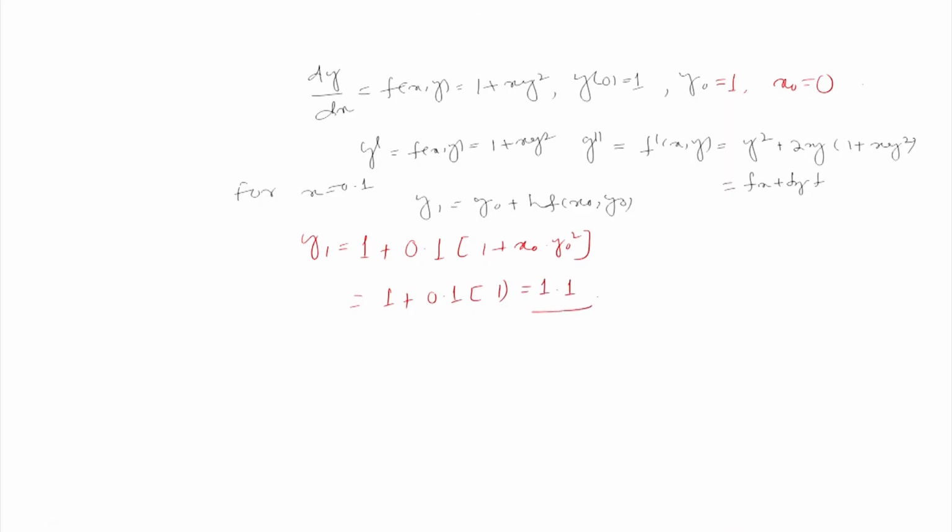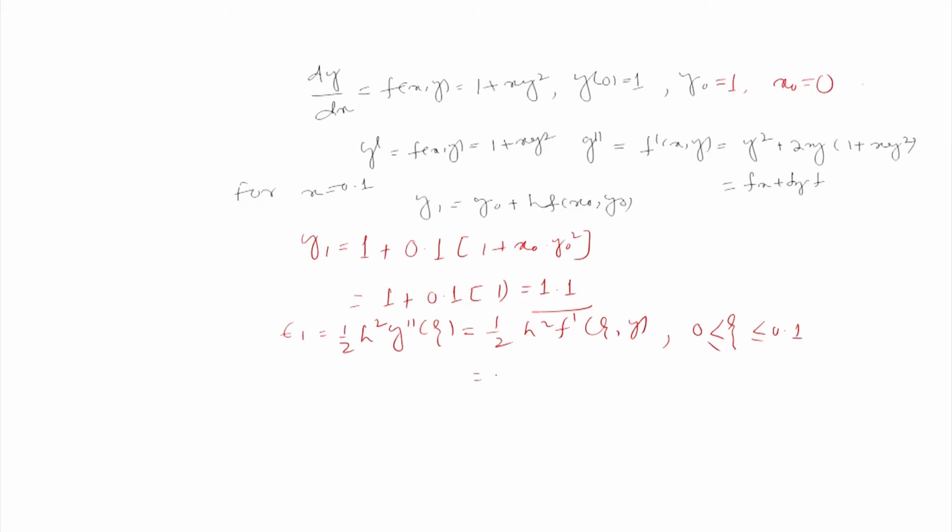In the error term, if you go for this computation, epsilon 1 can be written as half h square y double dash of zeta, since f dash zeta is written in the formulation. This can be written as half of h square f dash of zeta y, where zeta lies between 0 and 0.1 here.